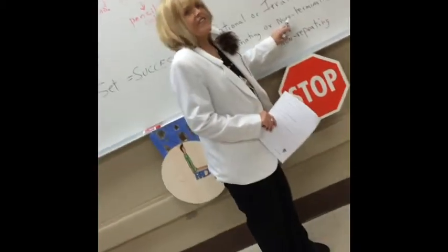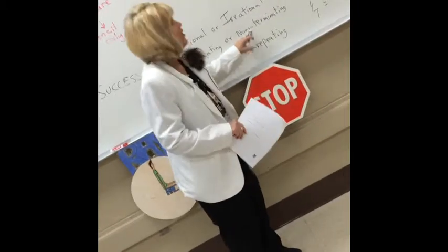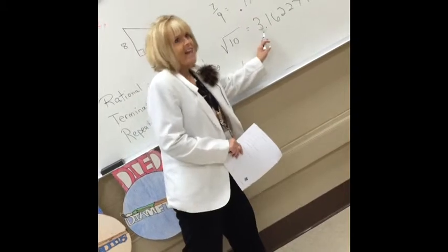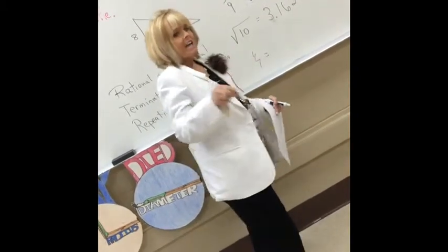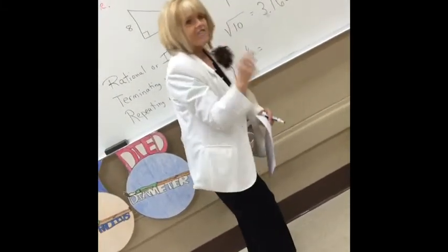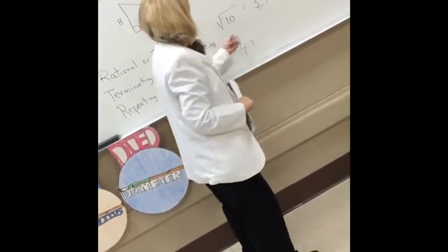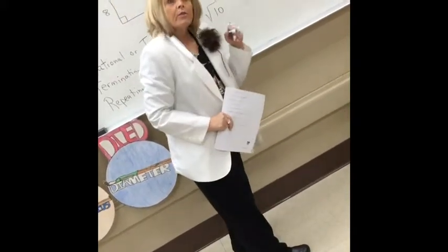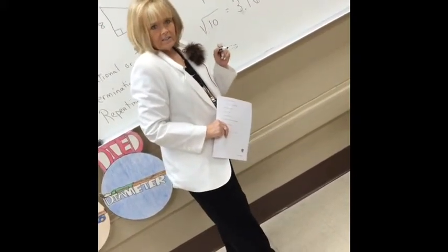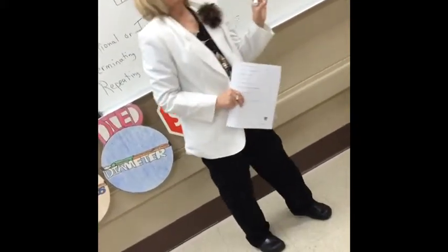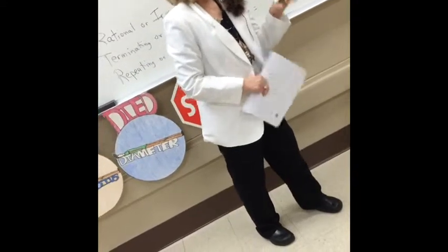Because the definition of irrational says it goes forever and never repeats. Now you can remember that easy. Another word for irrational is like crazy. Like if a person is completely irrational, they're crazy. That's a crazy number.